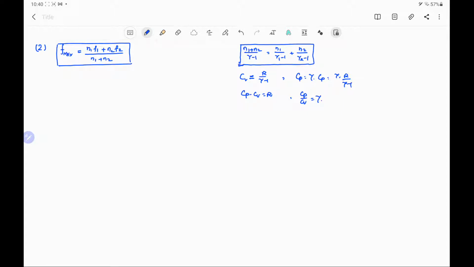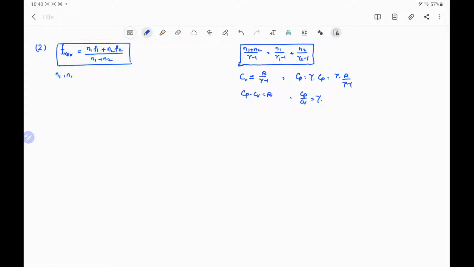The same relation can be used to derive the result in terms of the degrees of freedom, and here the degree of freedom of a mixture, F mix, is equal to N1 F1 plus N2 F2 by N1 plus N2.